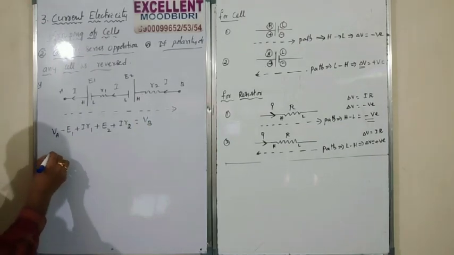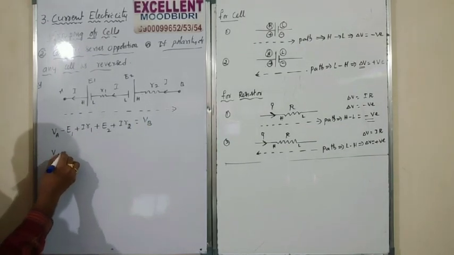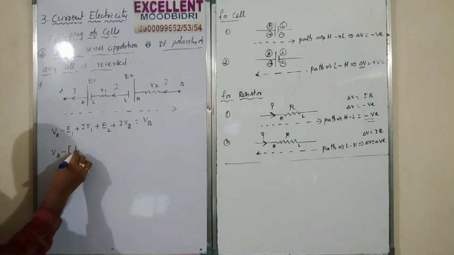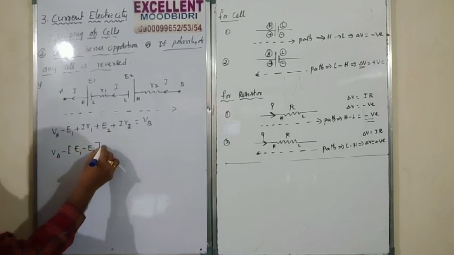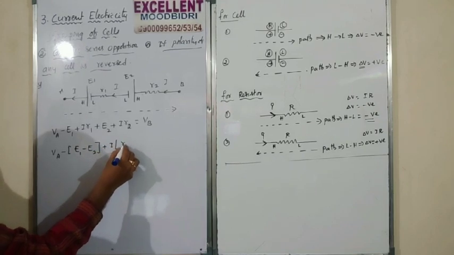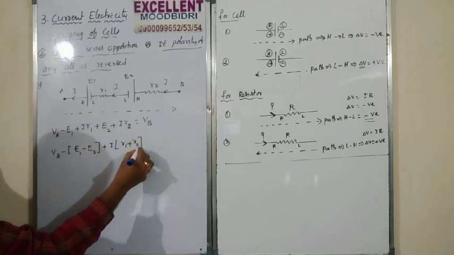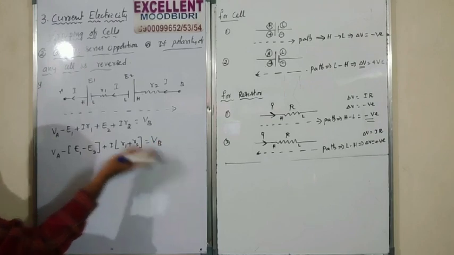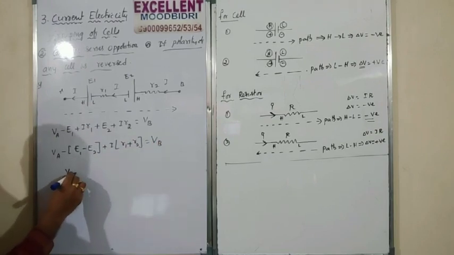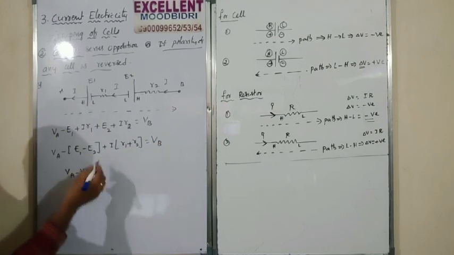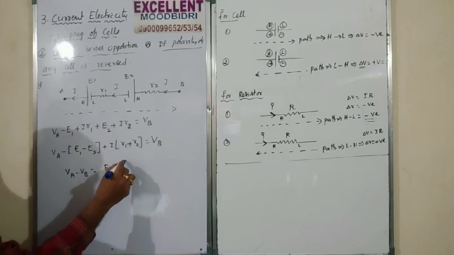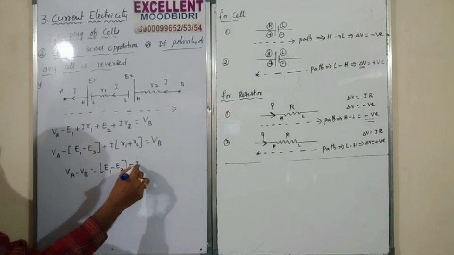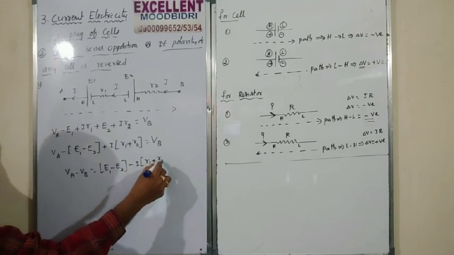Right? So now here VA minus, take common, E1 minus E2 plus I, take common, R1 plus R2 is equal to VB. Now VB transfer this side, therefore VA minus VB is equal to E1 minus E2 minus I into R1 plus R2.